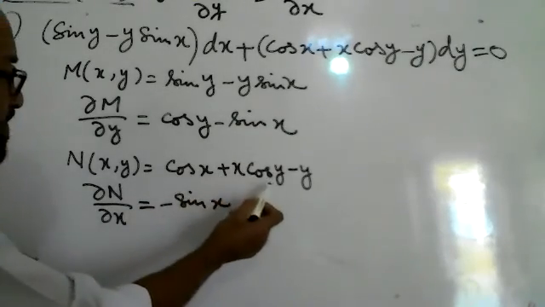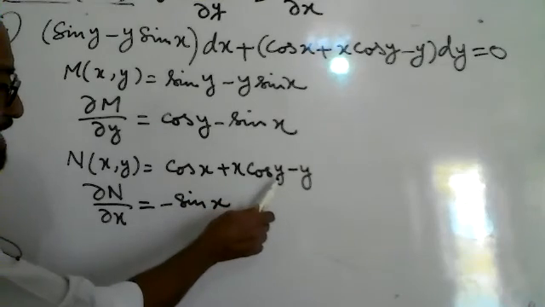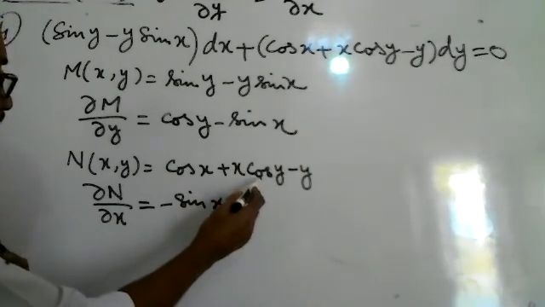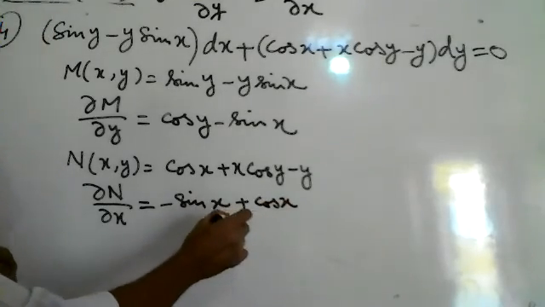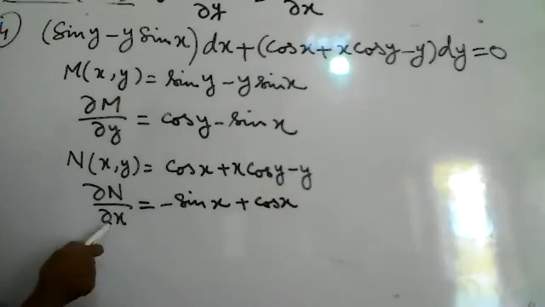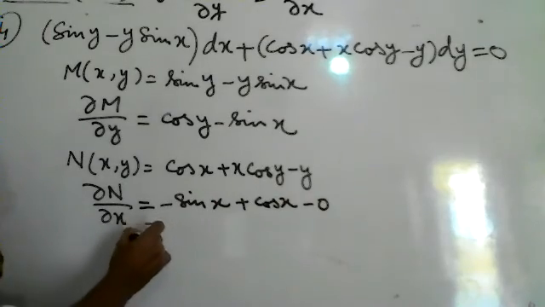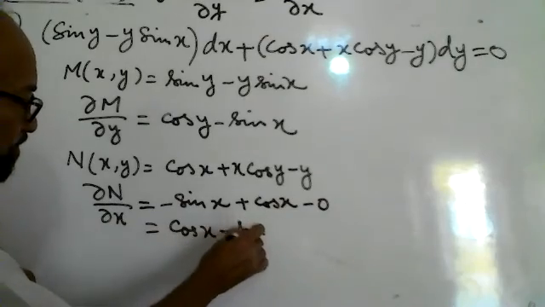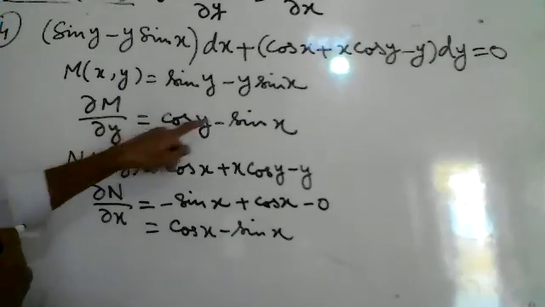Now for x cos y, we take the partial derivative with respect to x, so cos y is considered as constant. The derivative of x is 1, so 1 into cos y will be cos y. And the derivative of minus y with respect to x will be 0. So that is equal to cos y minus sin x. This is the answer, partial N upon partial x is cos y minus sin x.